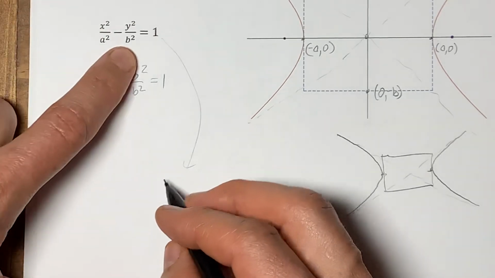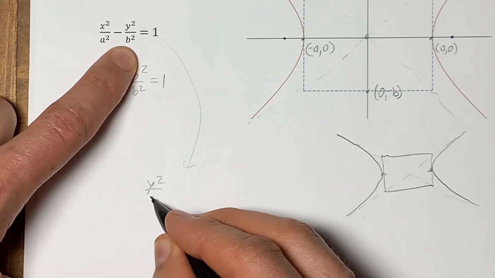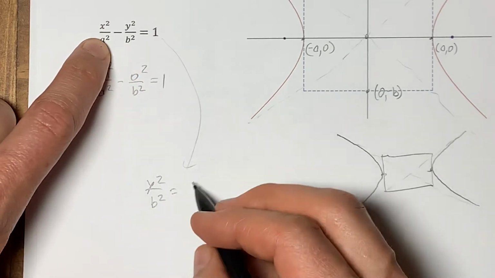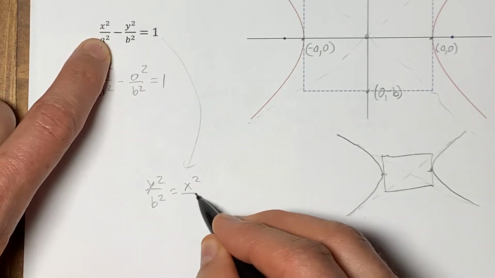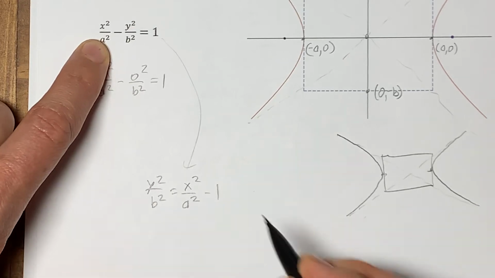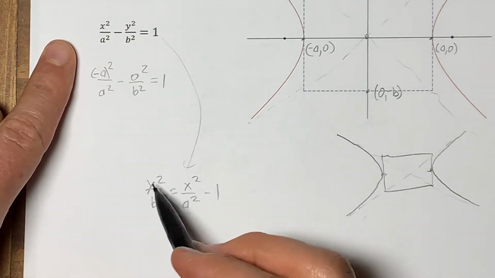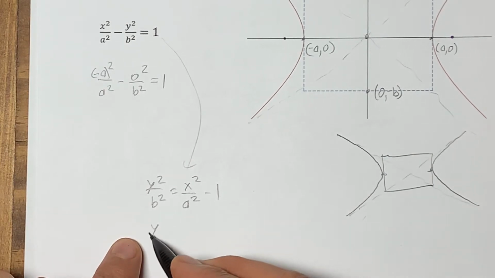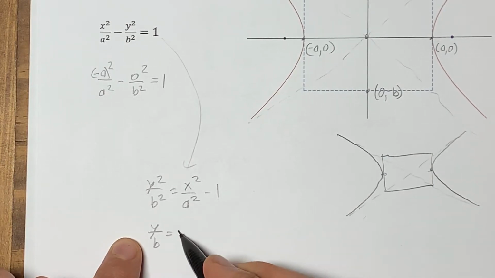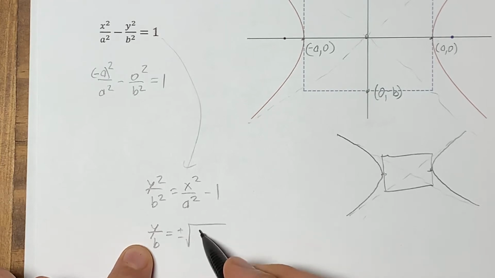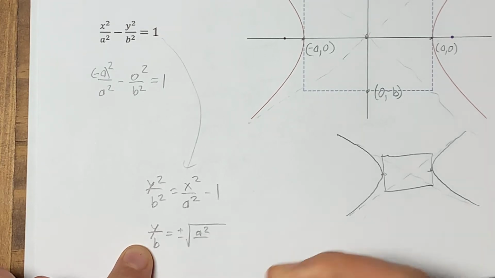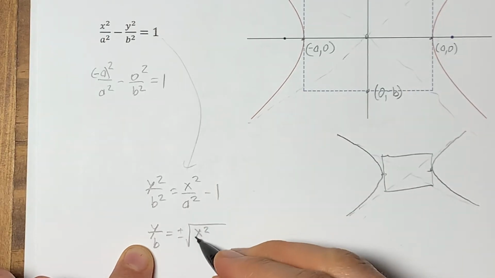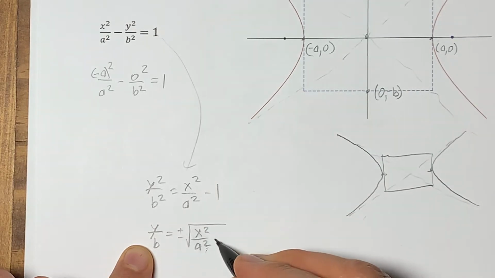So let's see. y squared over b squared, if you moved this over to the other side, you'd get x squared over a squared minus 1, right? So from here, I guess I should take the square root of both sides. So y over b equals plus or minus the square root of x squared over a squared minus 1.